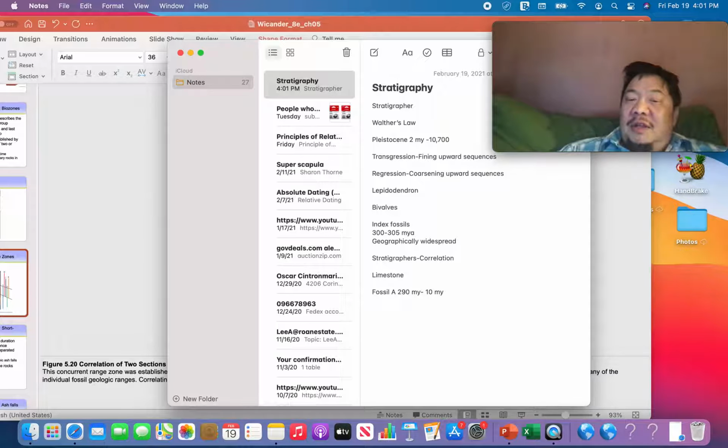It's not a very good index fossil, and it doesn't really help us too much, because all we know is that that rock could have formed anywhere from 290 million years ago to 10 million years ago. But now let's say we find another fossil, and this is a cephalopod, and it lived from 542 million years ago, and it died out 100 million years ago.